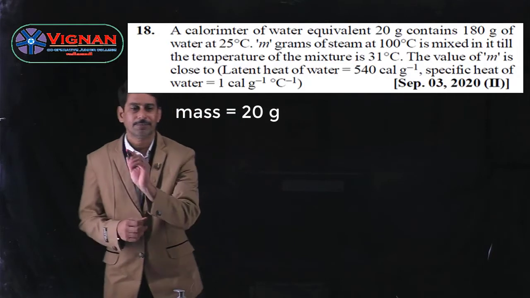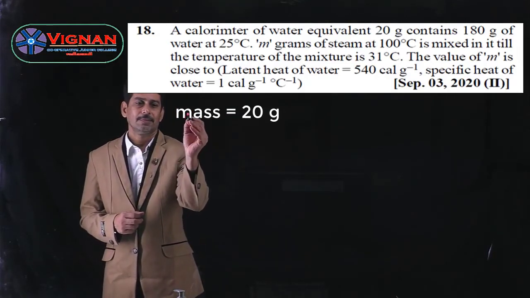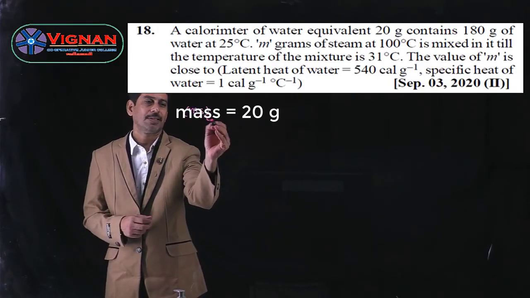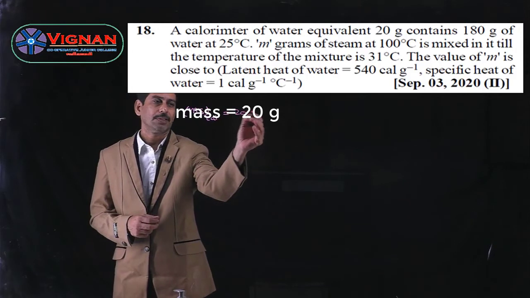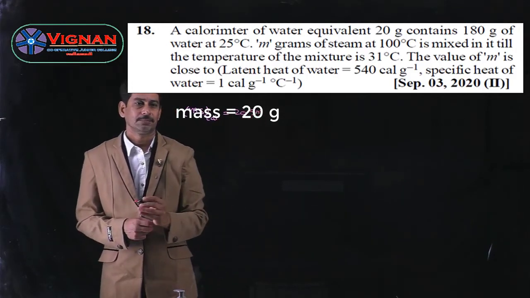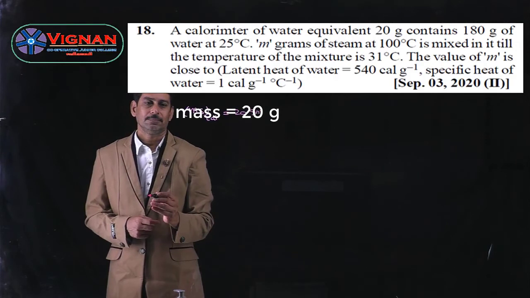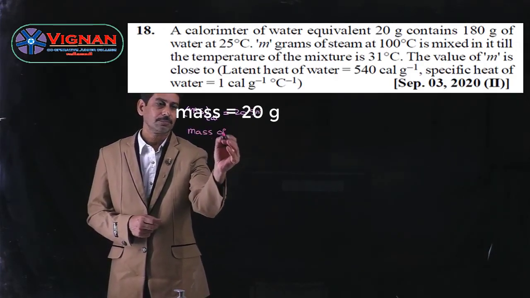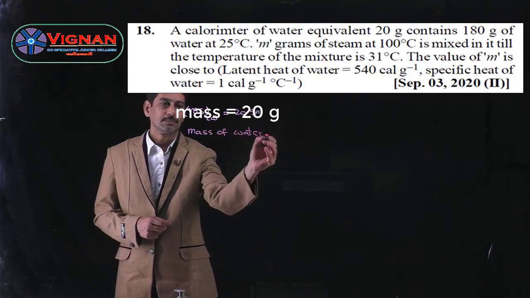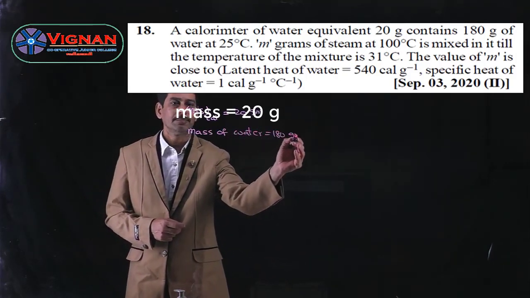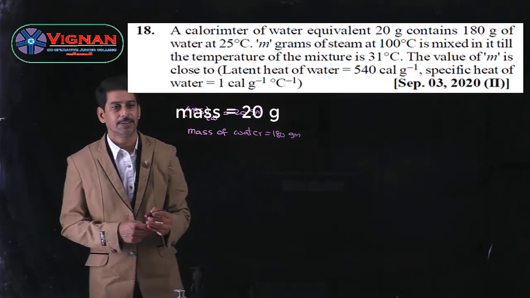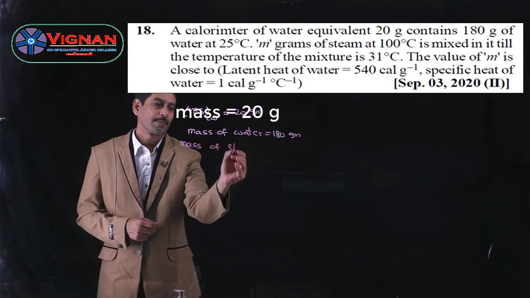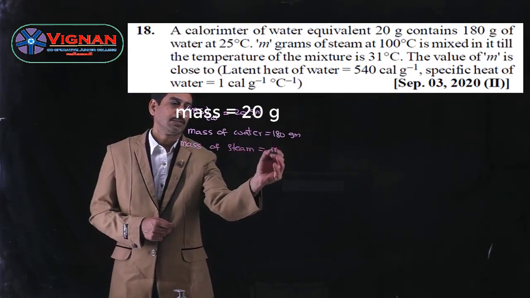So the water equivalent of the calorimeter, that is m s of the calorimeter, is equal to 20 gram. So mass of water is 180 gram and this is at 25 degrees centigrade. So mass of steam is M gram.